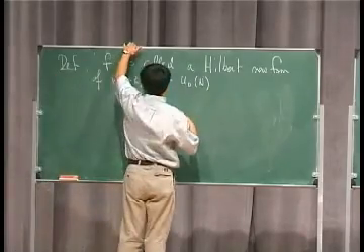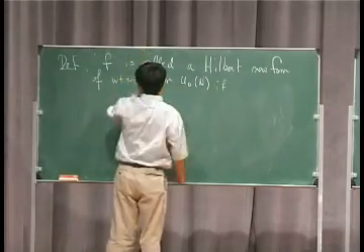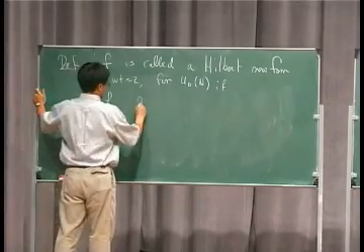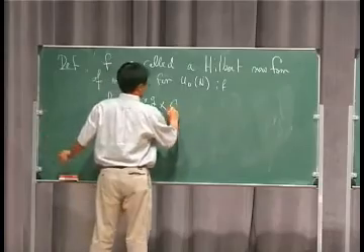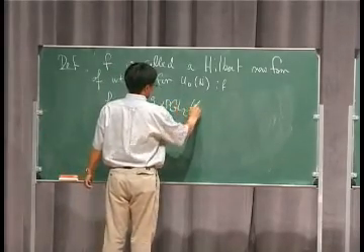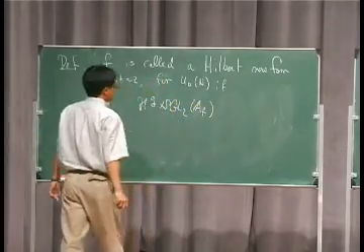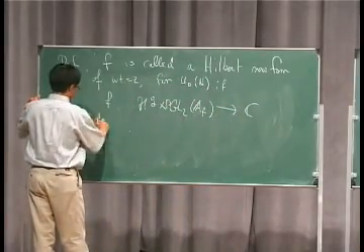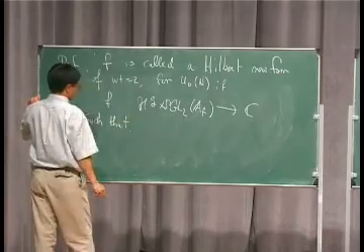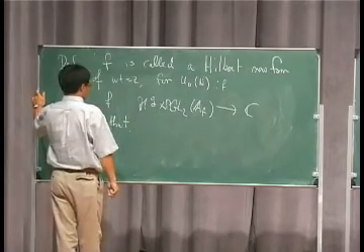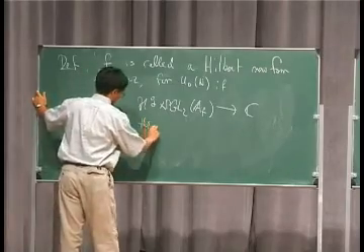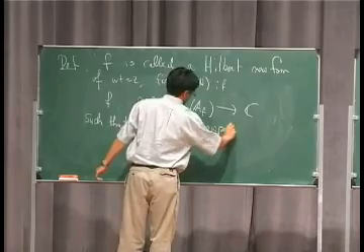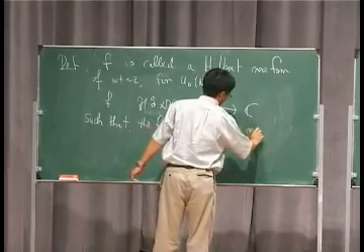Let me try to understand. So f is a function from this thing, PGL2 of A_F, to the complex numbers, such that the following properties are verified.